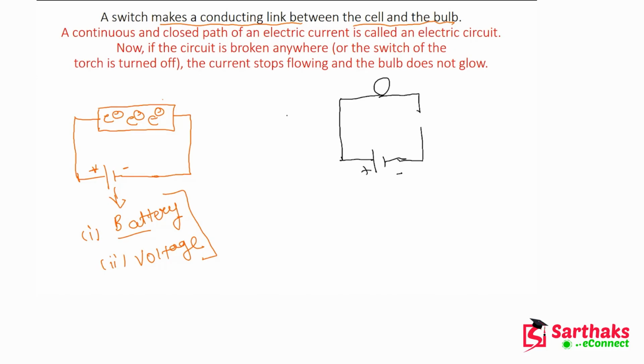So what do you think? Will the bulb glow? The answer is no. Why? Because the circuit is not completed. So no current will flow inside the bulb, and that's the reason the bulb will not glow. I hope you get my point. Now let's move on to the next slide.